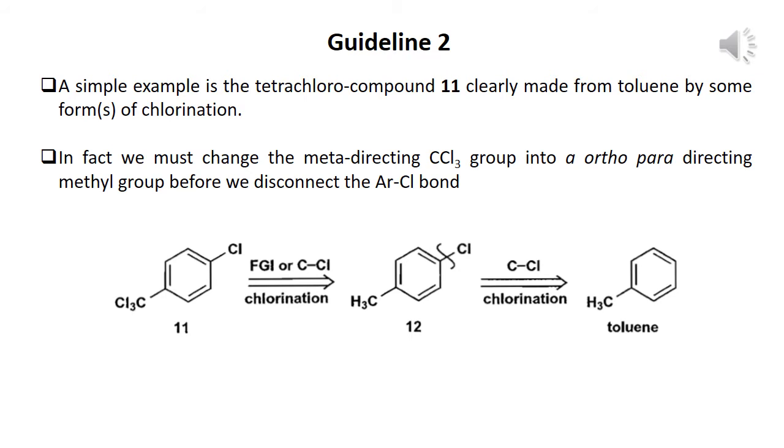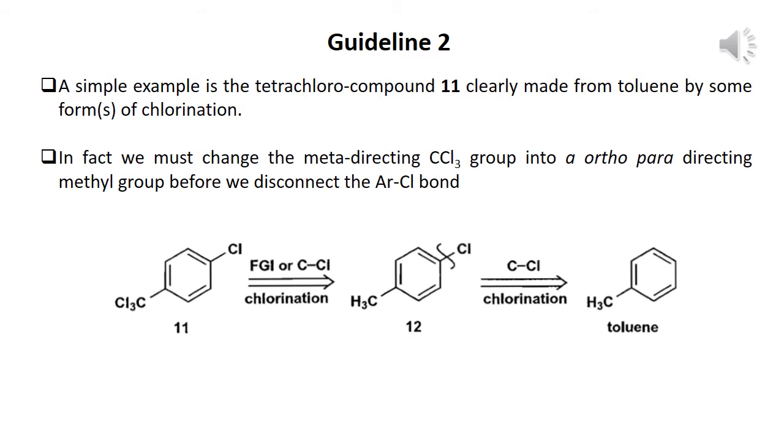We shall be making them simultaneously from chlorination. Then we have to disconnect that chlorine which is directly attached to the aromatic ring. So by the C to Cl disconnection, and again this will be obtained by the chlorination, we have got toluene. So from 11, by C-Cl disconnection, FGI or C-Cl disconnection both, we got 12, and from 12 we got toluene.